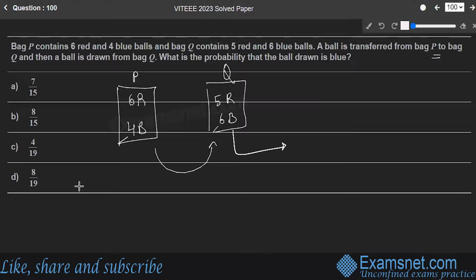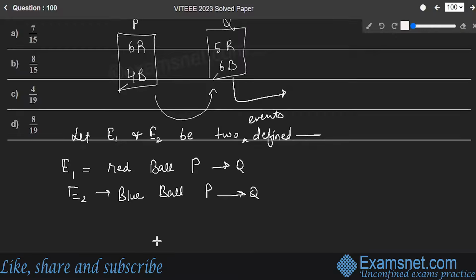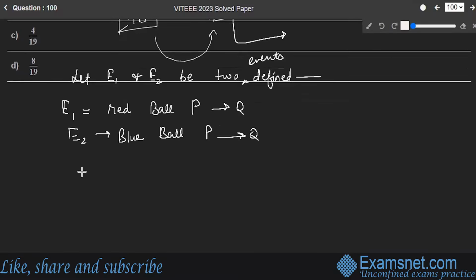Okay, so first of all, let E1 and E2 be two events which are defined as: E1 is equal to red ball from P to Q. E2 is defined as blue ball from P to Q. Now, let's say A is that you are drawing a ball from Q and it is blue.